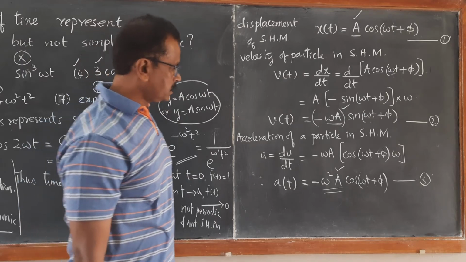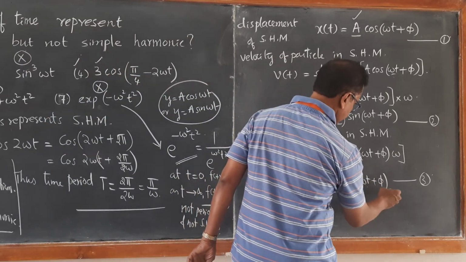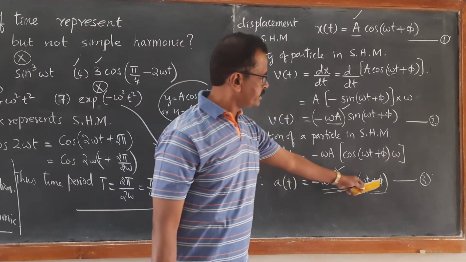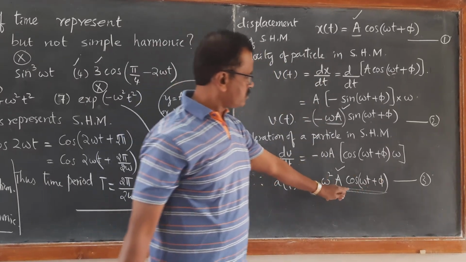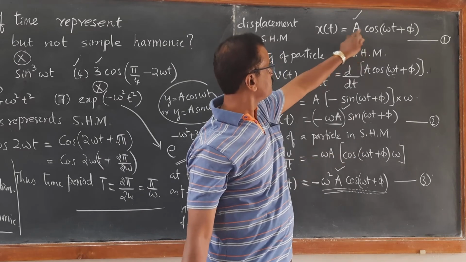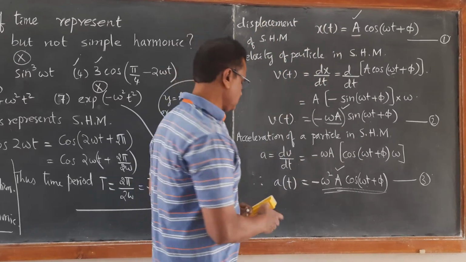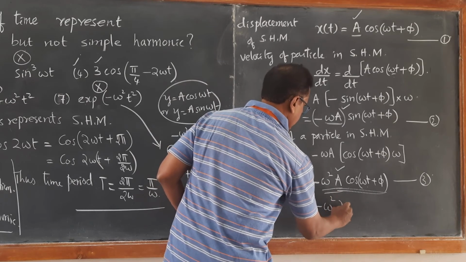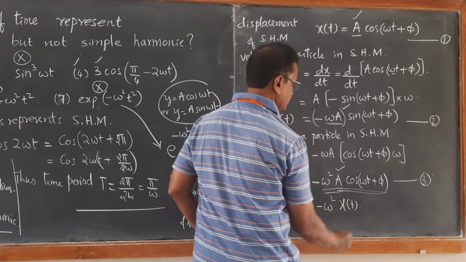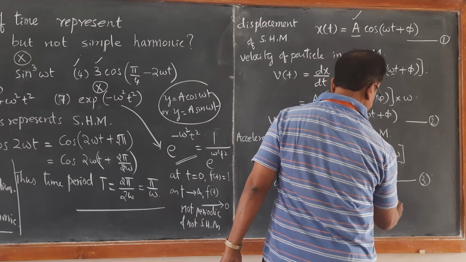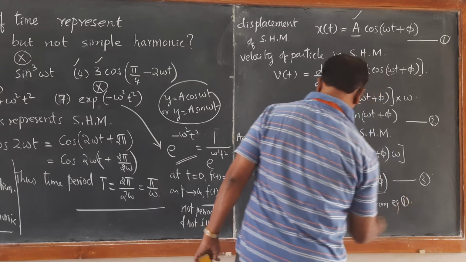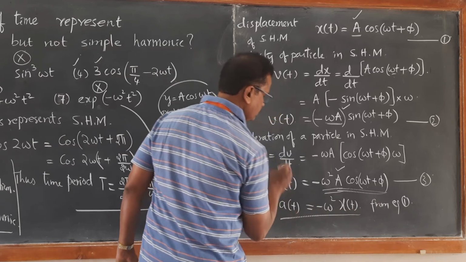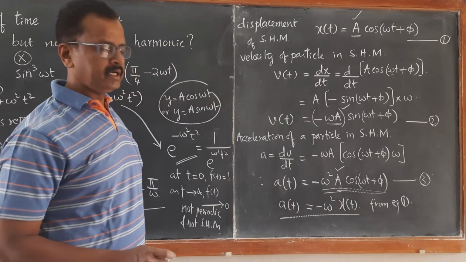Okay. Now one more thing to note down here. What is this expression, a cos(omega t plus phi)? From equation number 1, it is nothing but x. Therefore I can substitute x as a function of time t, and acceleration is equal to minus omega square into x.